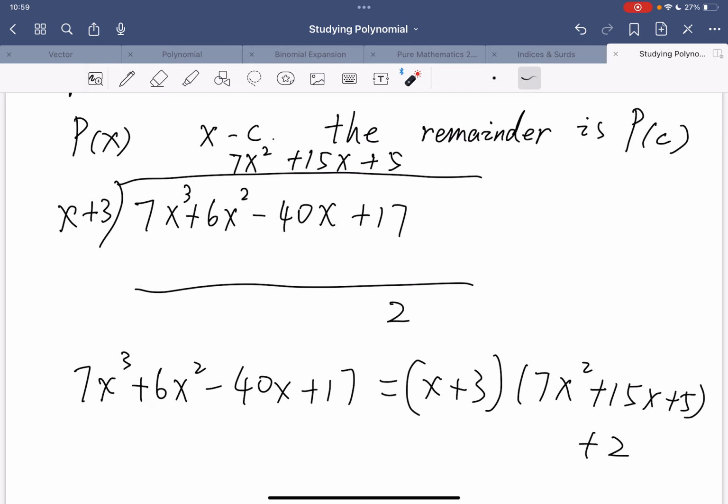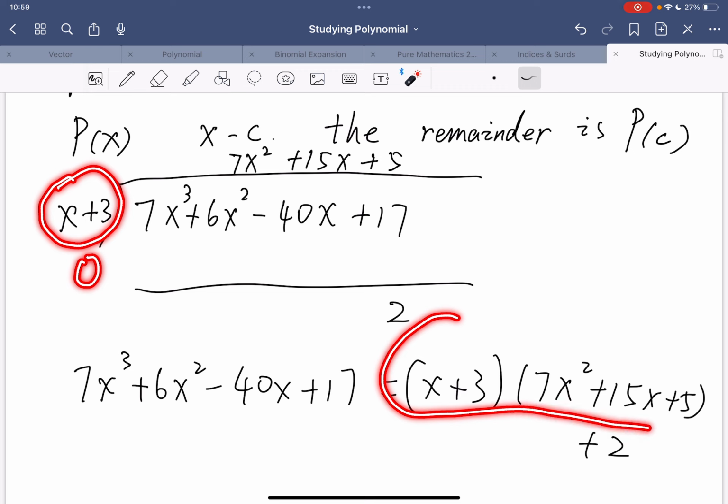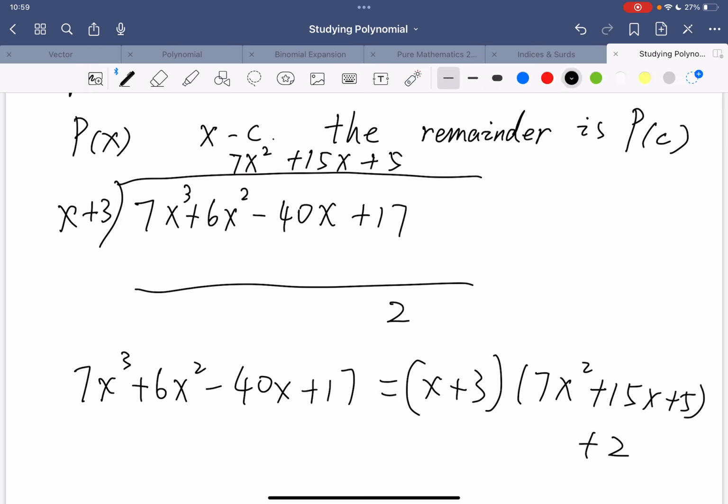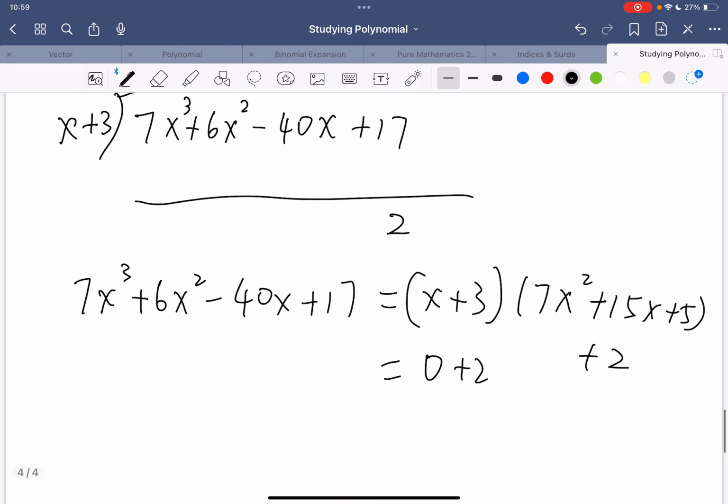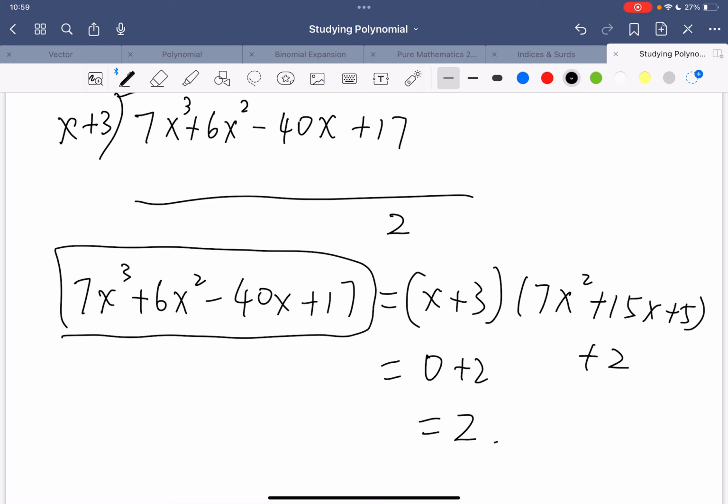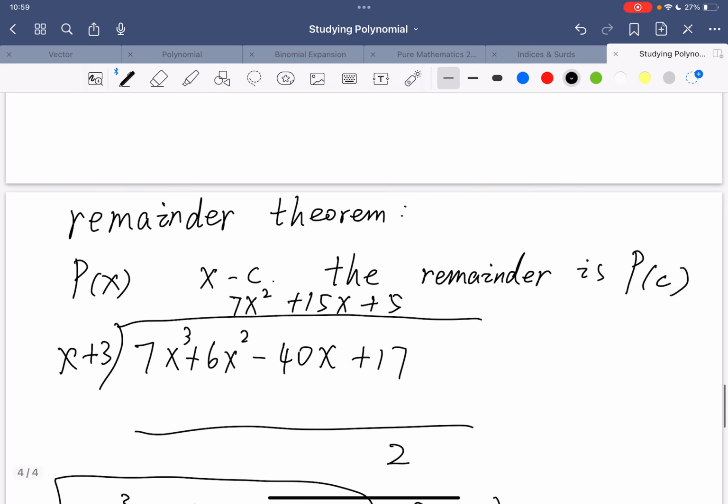And when you make this expression equal to 0, the whole multiplication would be 0, right? So the right-hand side would equal 0 plus 2, which equals 2. So the original expression should be equal to 2. That is what the remainder theorem is talking about.